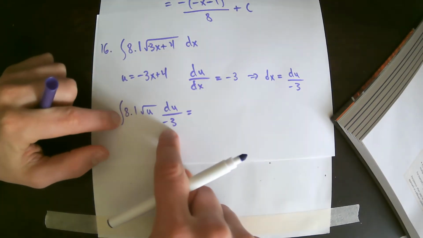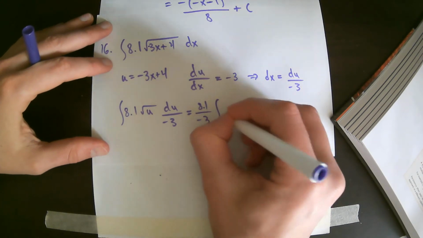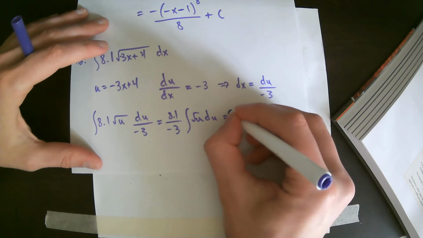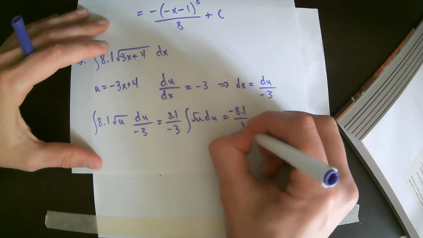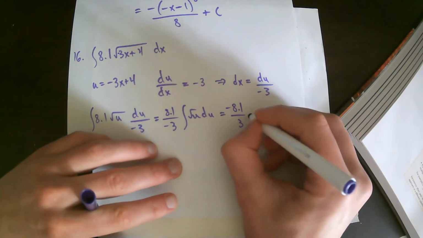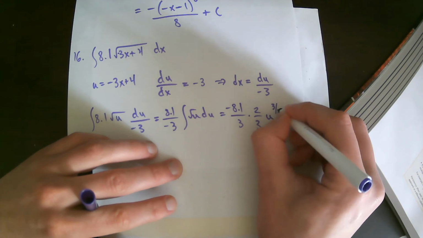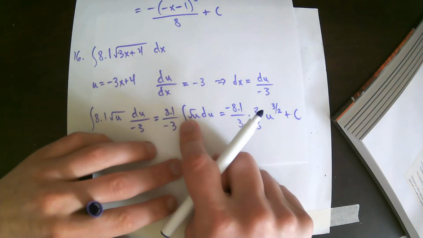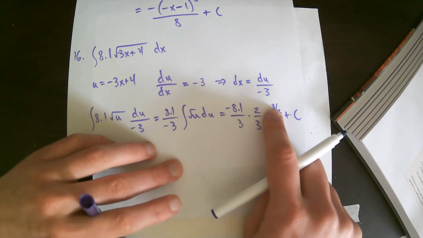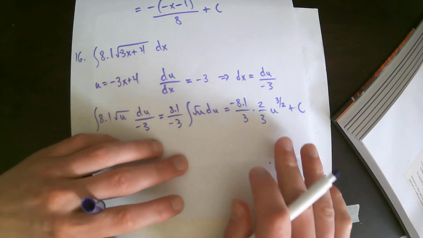Let's get these constant numbers all the way out. So 8.1 over negative 3, then the integral of square root of u du. That's going to be negative 8.1 over 3. The integral of u to the 1/2: add 1 to 1/2 in the power to get 3/2, then divide by 3/2, which is the same as multiplying by 2/3.